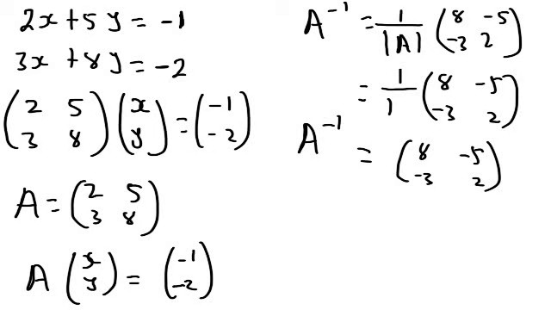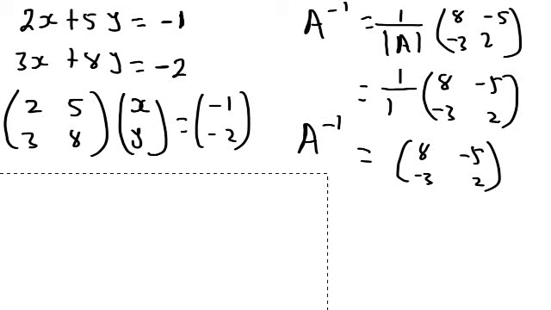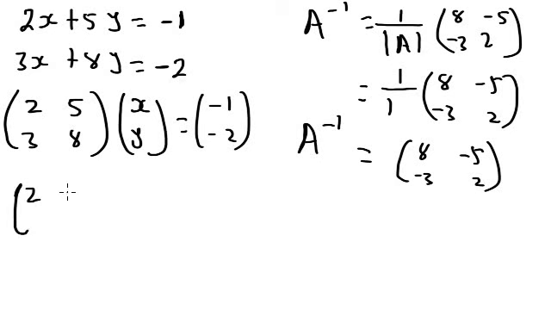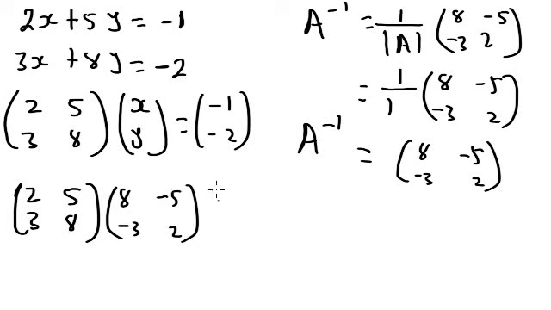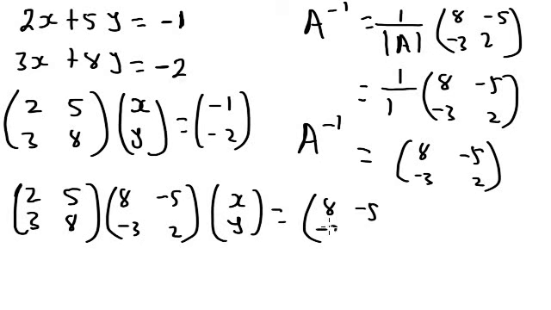And therefore we have 2, 5, 3, 8 multiplied by its inverse, which is 8, -5, -3 and 2, and multiplied by [x, y], and this would equal the inverse 8, -5, -3, and 2, multiplied by -1, -2.